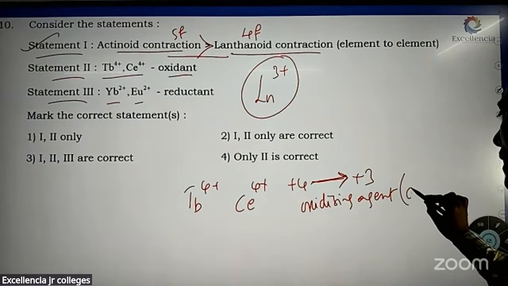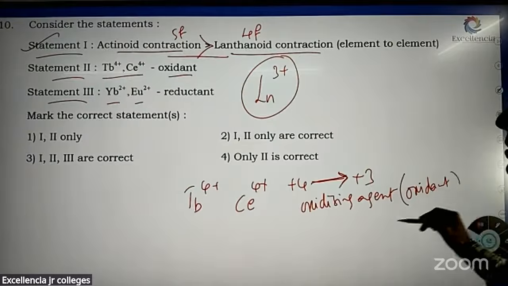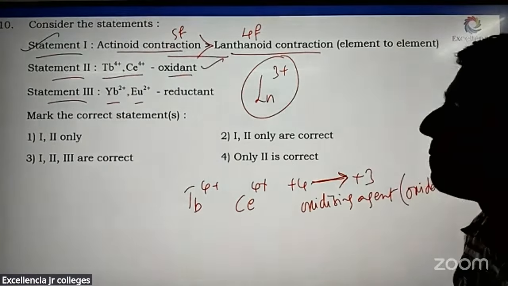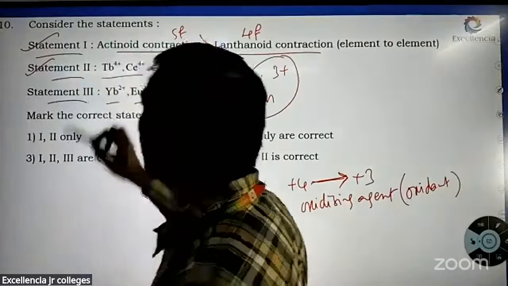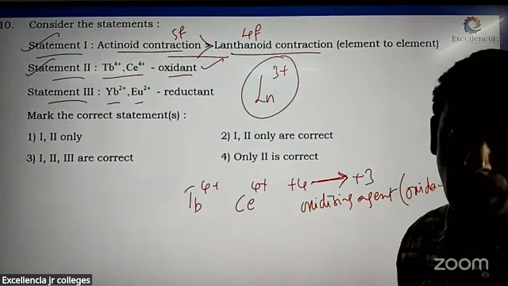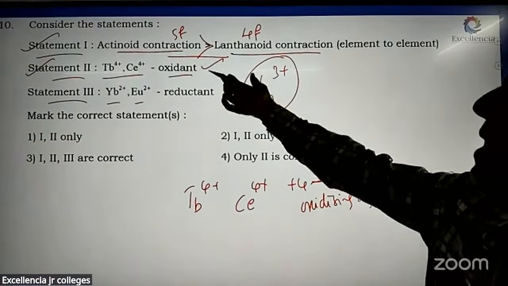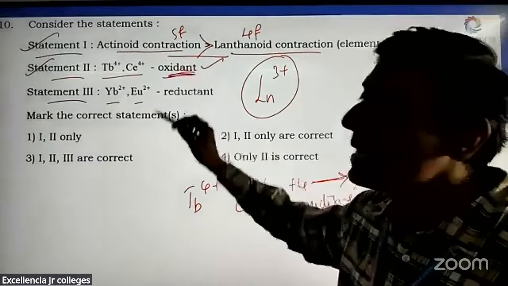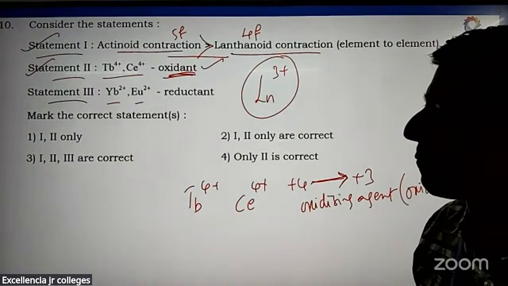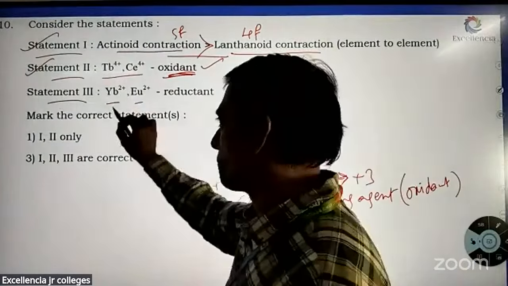Oxidizing agent, nothing but oxidant. So this becomes a right statement because they are present in +4 state. The stable oxidation state is +3. So from +4 to +3, they are undergoing reduction and acting as oxidizing agents. Oxidant means oxidizing agent.